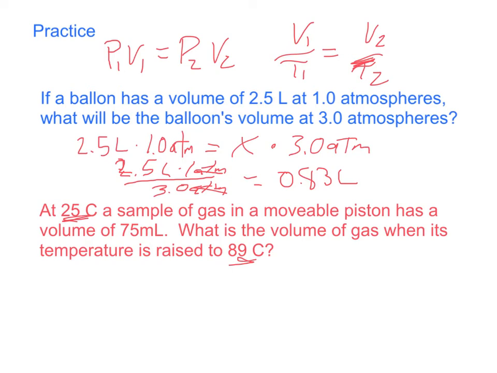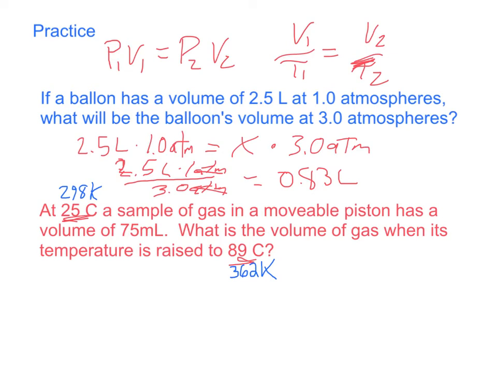So it's 25 plus 273 equals 298, and then 89 plus 273 equals 362 Kelvin. We have to use Kelvin or you're not going to get the correct answer, because we need a scale that starts at 0 when there is 0 particle motion.